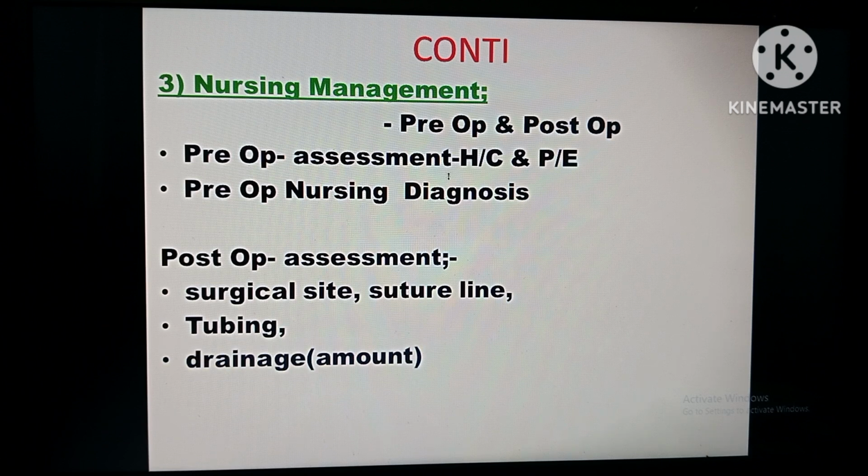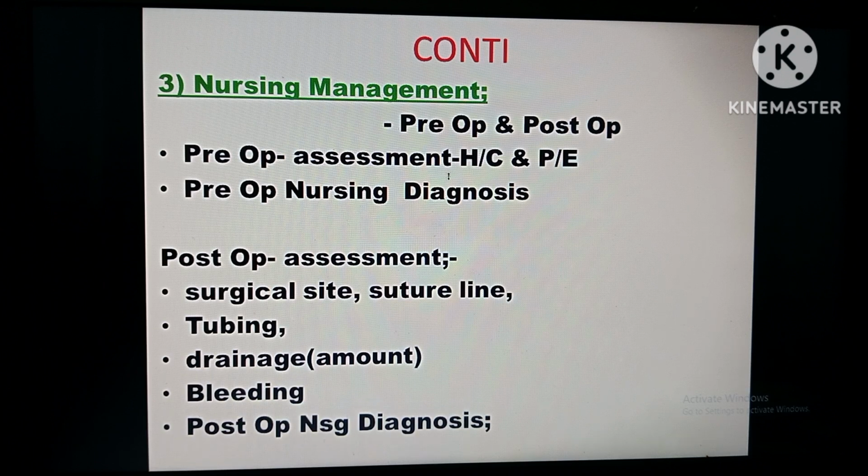If drainage is present, how much amount, the color has to be noted, if the tube is blocked or any clot or pus is present, anything has to be noted and immediately informed to the doctor. Bleeding also, any fresh bleeding from the site. All this has to be noted down and later take over the chart from the OT nurse.